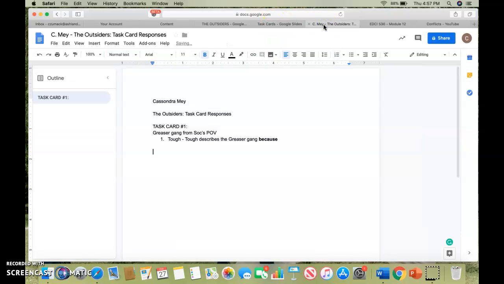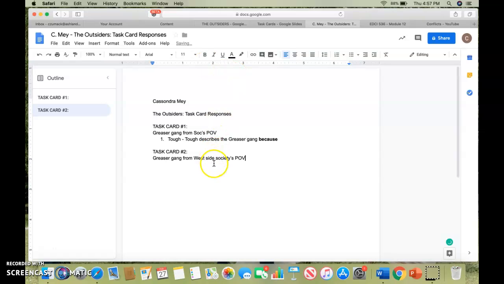We'll start it off. Task card. I'm so sorry about my dogs, but I really hate to put them away. This would be, we'll do Greaser gang from the West Side Society's point of view.